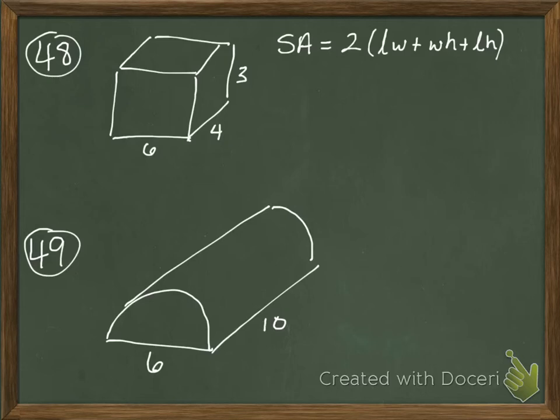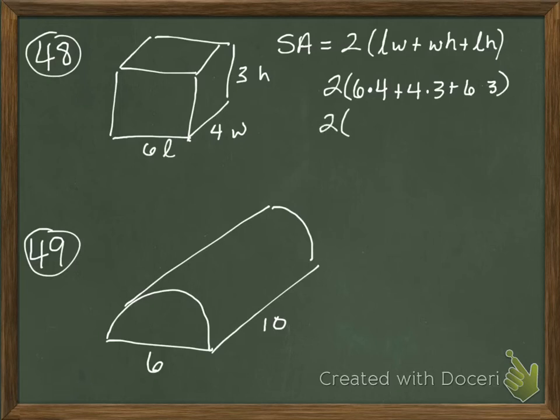Okay, so here we have 6 is the length, 4 is the width, 3 is the height. All right, and so we've got 2, 6 times 4 plus 4 times 3, because 3 is the height, plus 6 times 3.